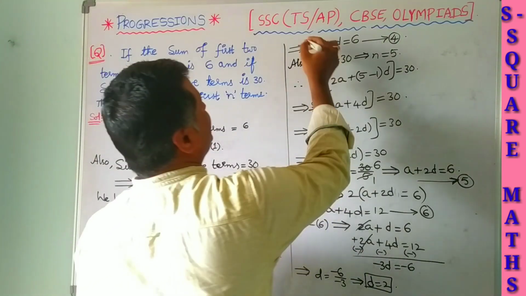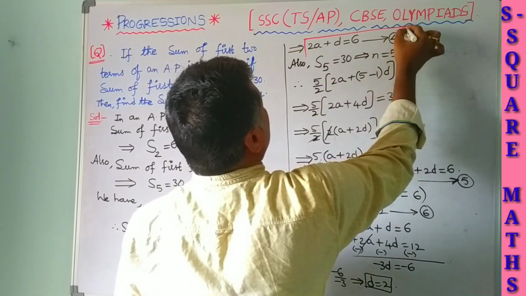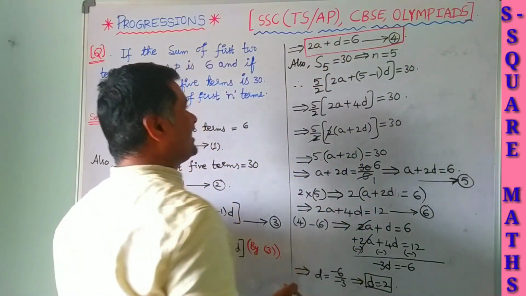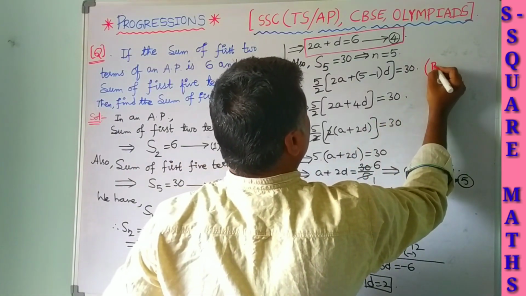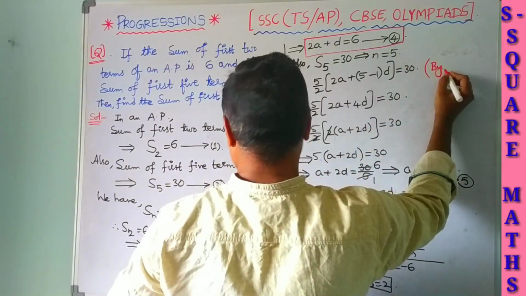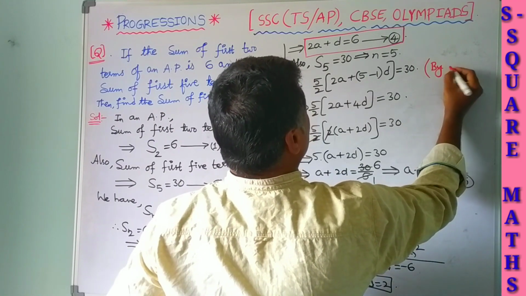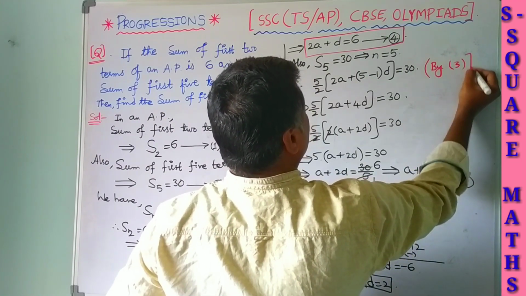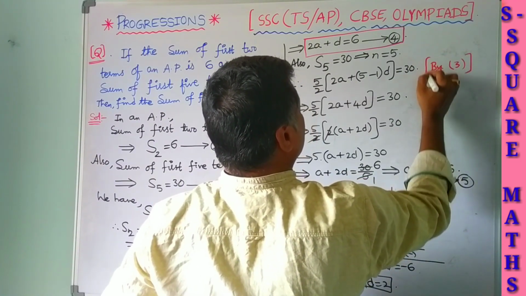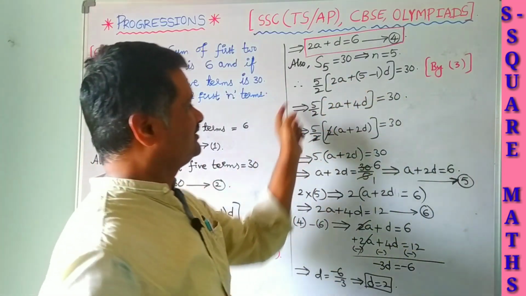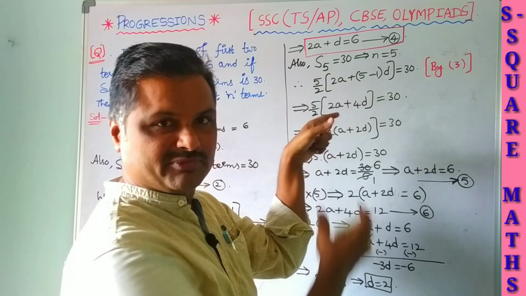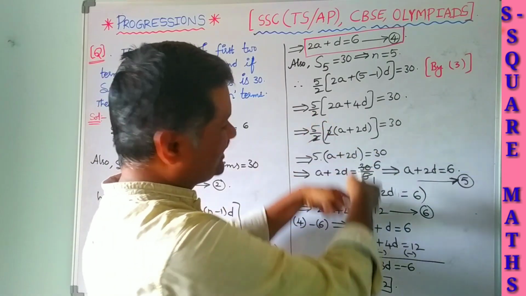Next we got equation number 4, and similarly by substituting n is equal to 5 in equation 3, here we go through a new type of calculation. Please pay attention here so that the calculations will be easy.